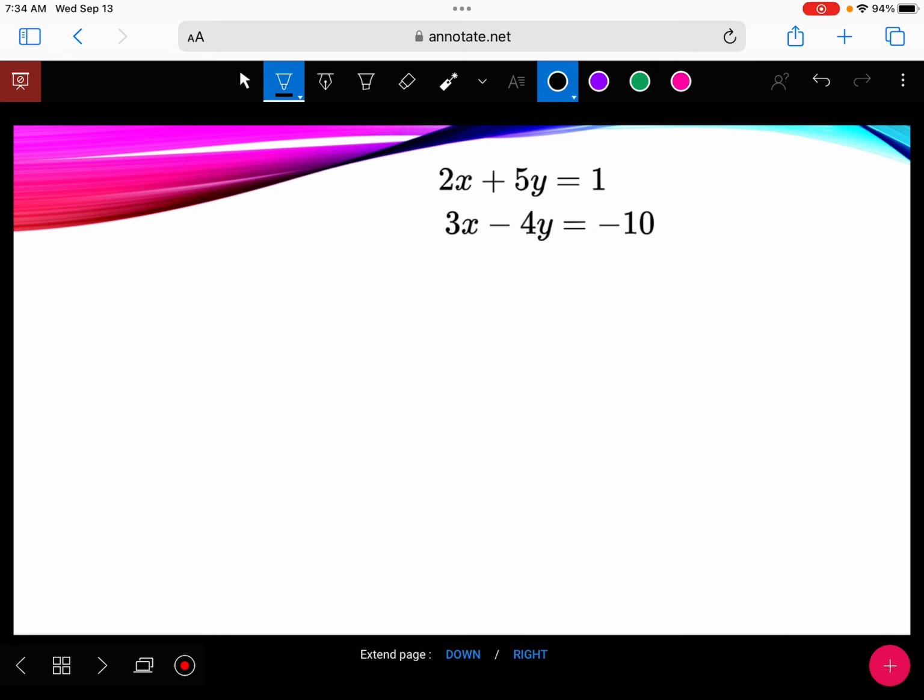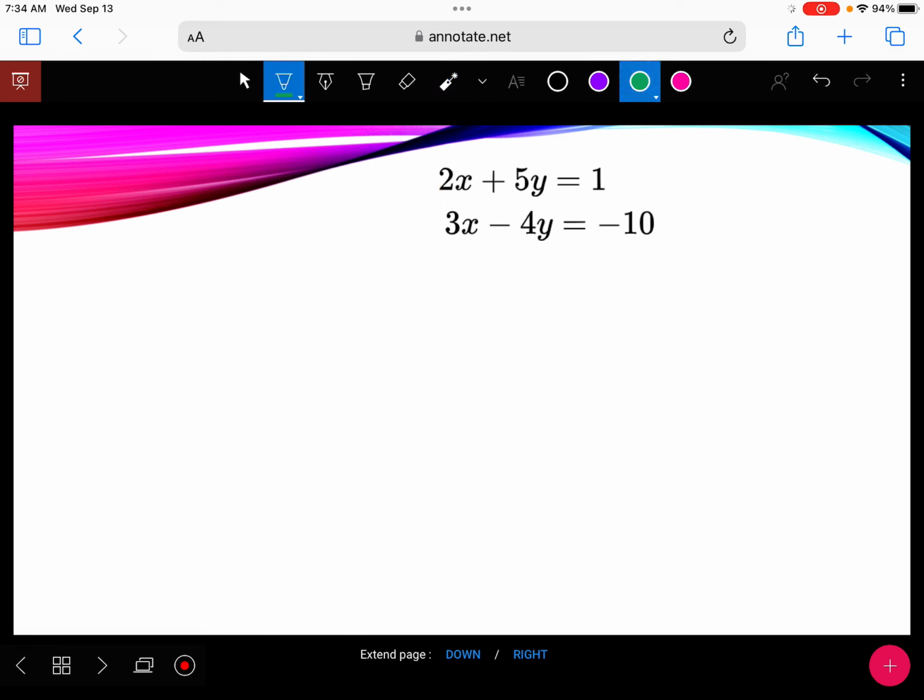So what we're going to do is look at my x's, and say, all right, what is the least common multiple that they have in common? What do 2 and 3 have in common that I could multiply them to? 12. You could do 12. We could also do 6. What would I need to multiply 2x by to make it be 6?